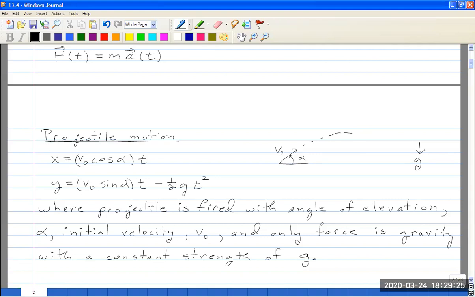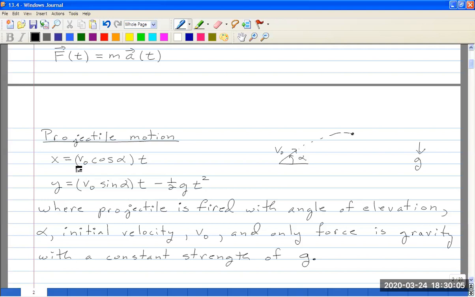Okay. Then, at time t, its position will be parameterized as follows. Once the projectile has been launched with a velocity of v0, no further forces act on it except for gravity, which is downward in the j direction.